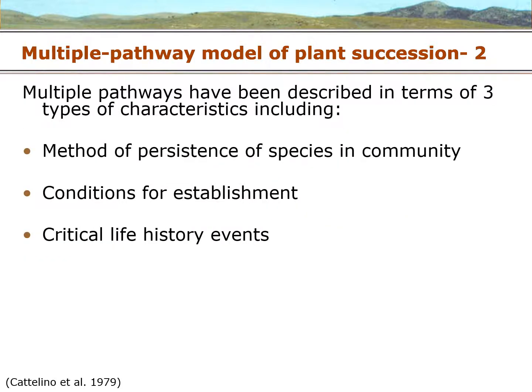Factors that might impact which pathway succession is going to take are persistence of species in the community, conditions for establishment of species, and the critical life history events that might occur.